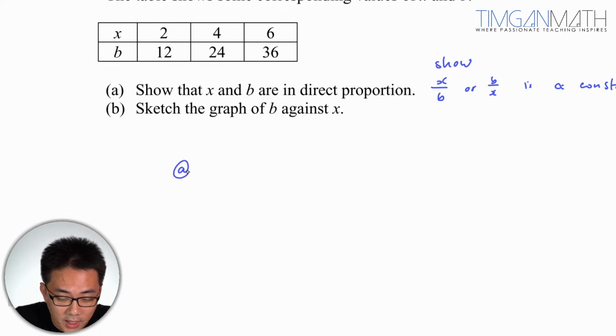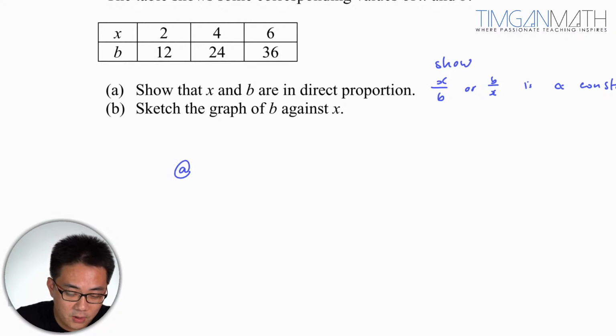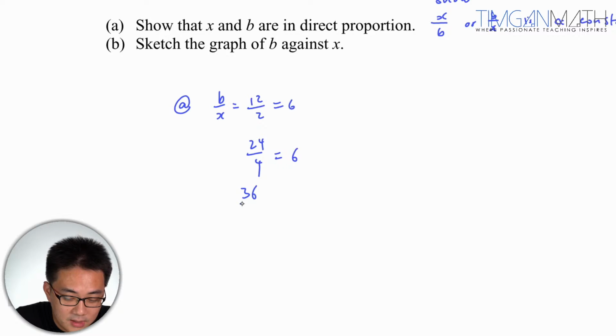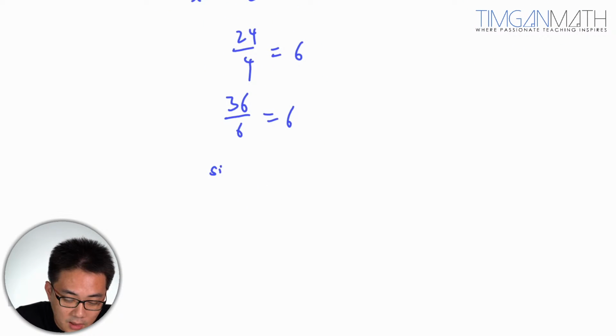So for part a, we could take 12 divided by 2, which means b over x. B over x is equal to 12 divided by 2, which is 6. Then 24 divided by 4 is also 6, and 36 divided by 6 is also 6. So you could write: since b over x is equal to 6, a constant.